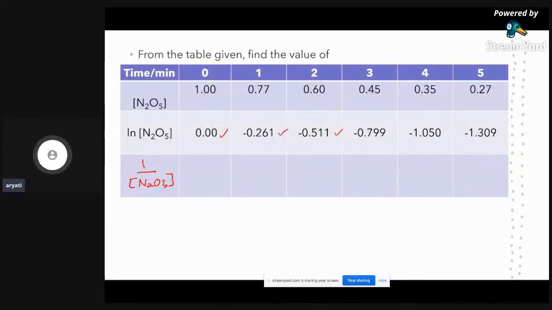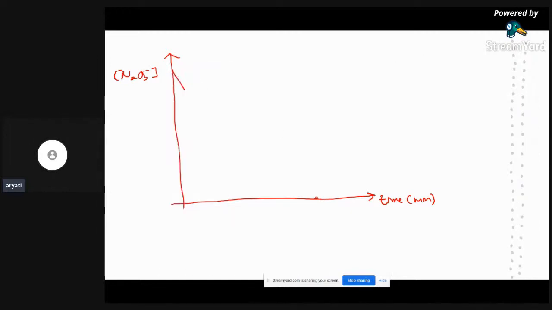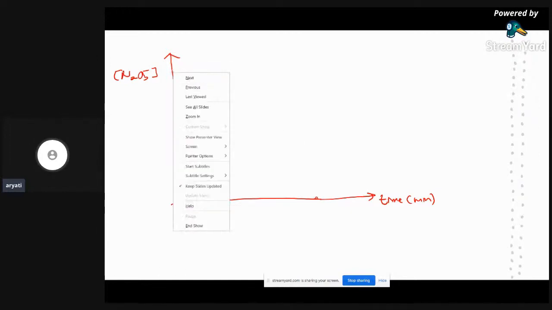So first we need to plot a graph of concentration of N2O5 versus time. Okay, so the y-axis is concentration of N2O5. Your x-axis is time in minutes. So let's say your graph is not a linear graph.